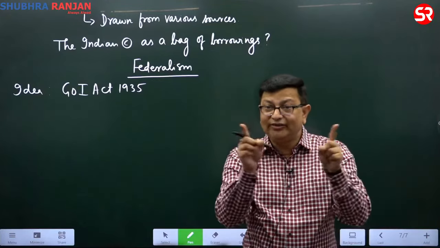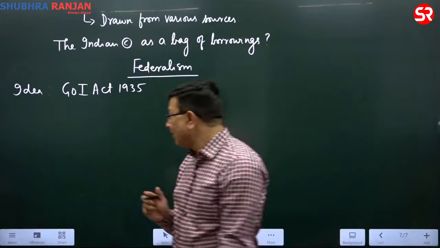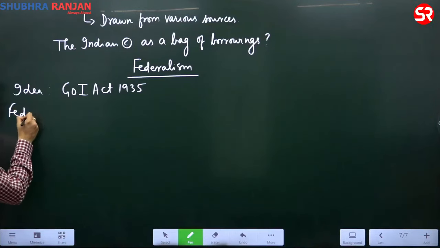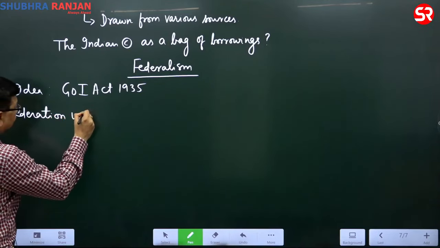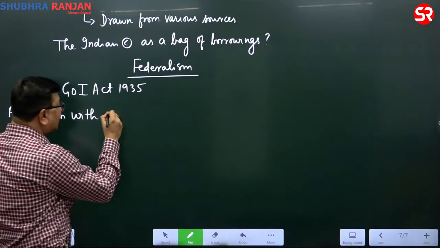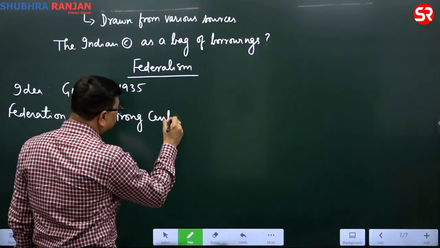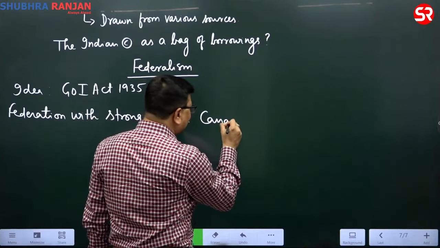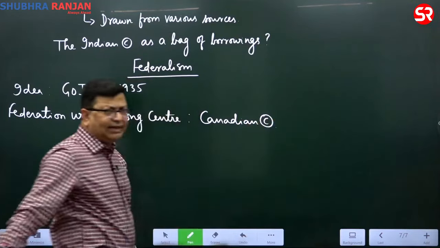Otherwise, the divisive forces will be very much active in the country. So, keeping in view the need of India, we adopted the concept of a federation with a strong center. And this we took from the Canadian Constitution. I will make you write it now.